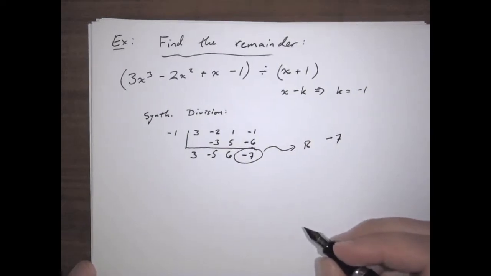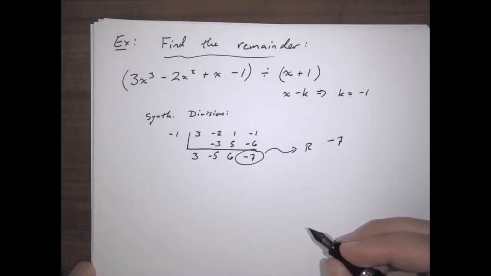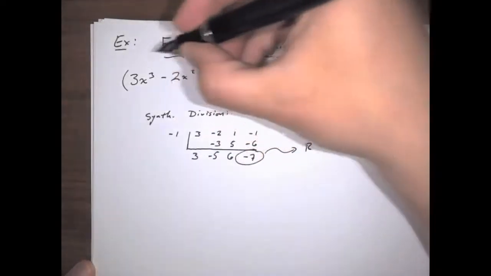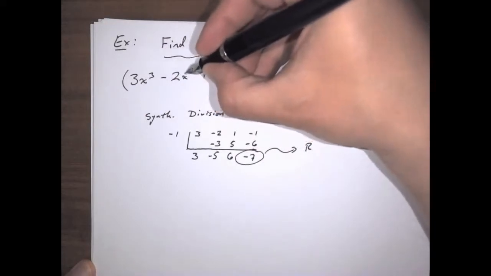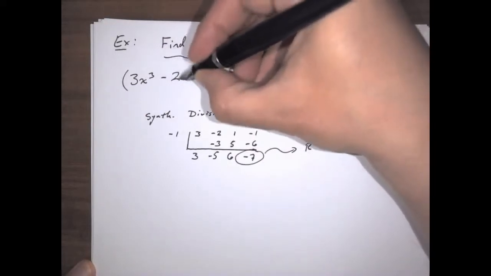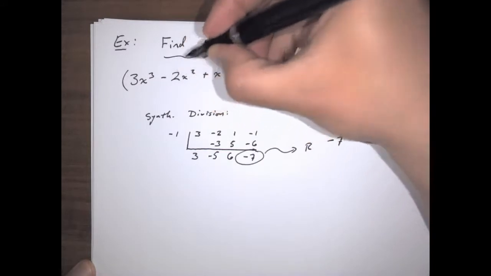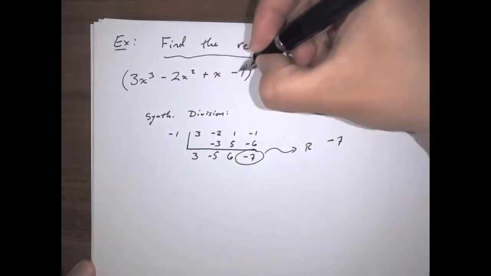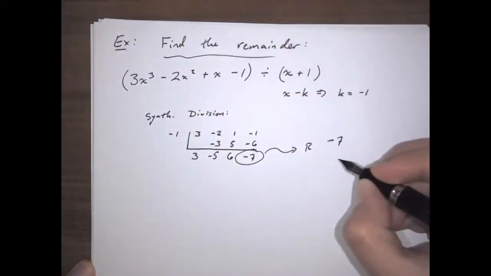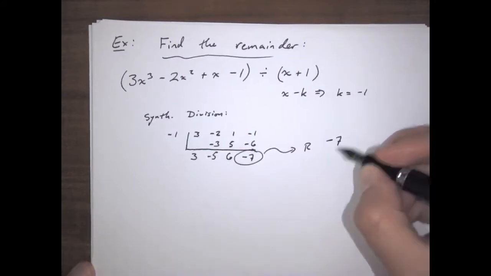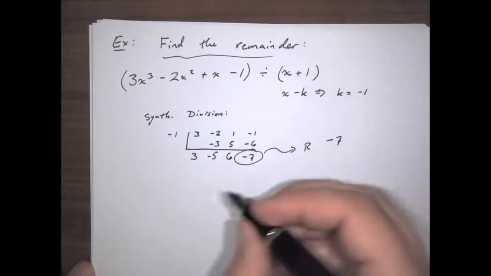As a quick check, what would happen if we plug -1 in here? We would get -3 minus, that would become +1, so -2, so that would be -5, -1, -1 more. So -7 is what we would get if we plugged in -1 into the original polynomial.